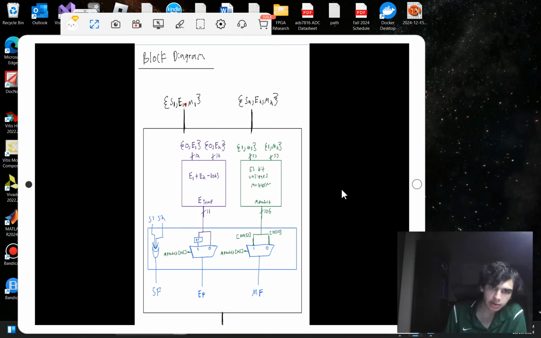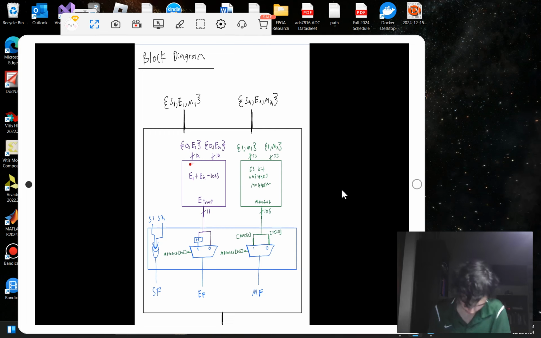So you're going to feed in your input A, which has got an S1, 11 bits for E1, 52 bits for M1. Then your second floating point value is going to have a bit for S2, 11 bits for E2, and 52 bits for M2. To do step 1, we're going to do 1 concatenated with this binary value multiplied by 1 concatenated with this binary value to get a 106-bit product.